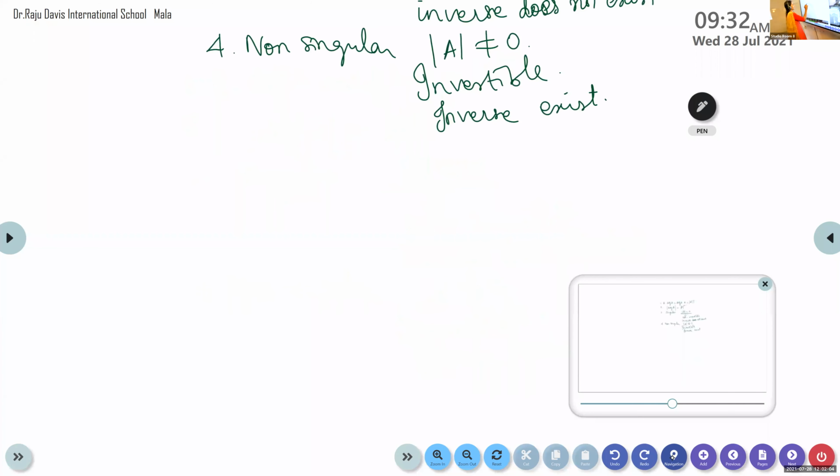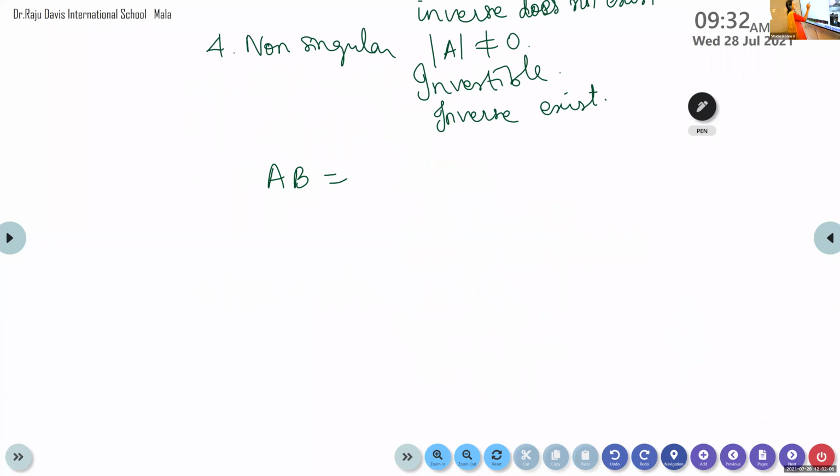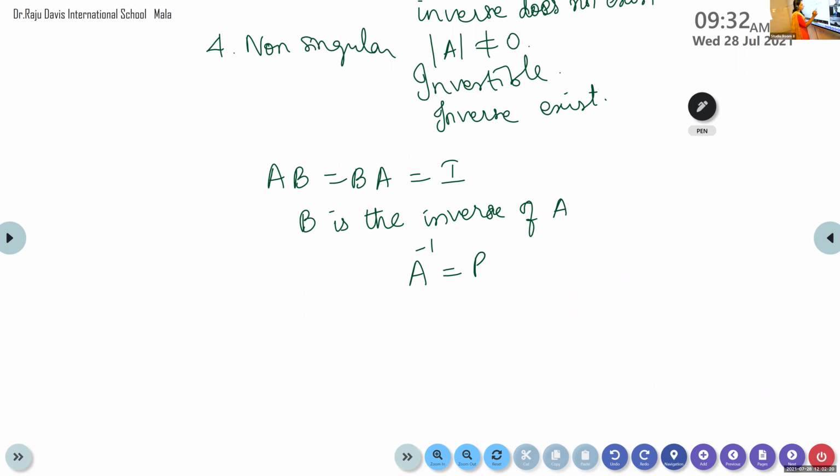If A into B is equal to B into A is equal to I, then we can say B is the inverse of A. And what is the notation we give? A inverse is equal to B, A raised to minus 1. That is the notation we give for inverse. A inverse is B. Okay.